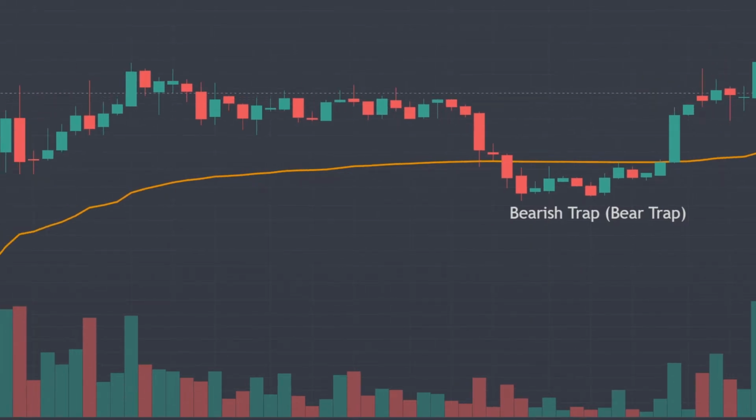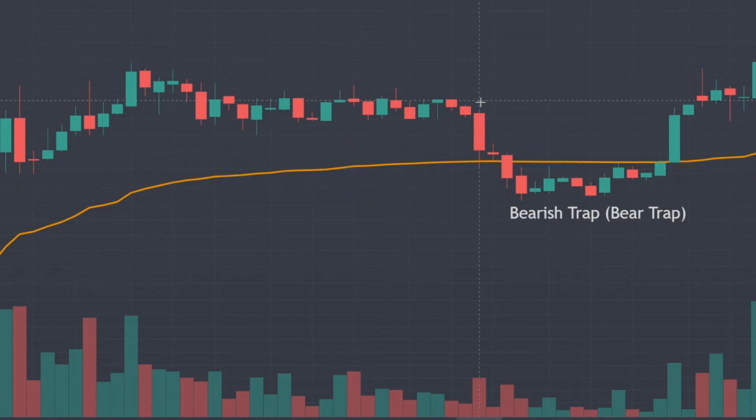But how do we identify a bear trap? Well, let's have a look. The price moved down below the VWAP. However, as soon as we broke below the VWAP, the price began trading sideways very close to the VWAP. This, again, is not enough. We now need to look at the volume to ensure that this is likely a bear trap.